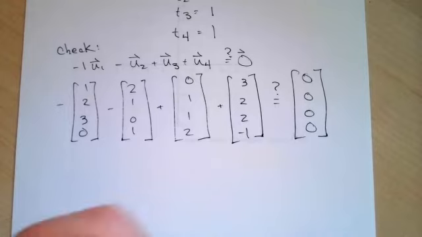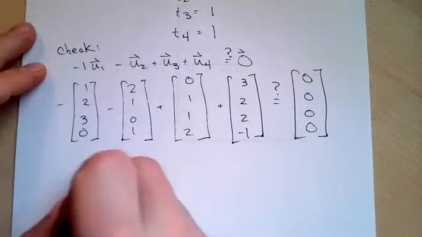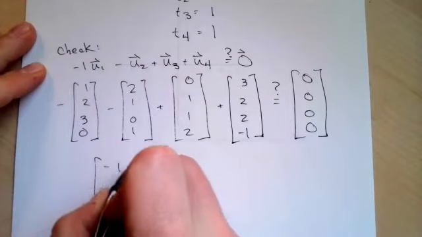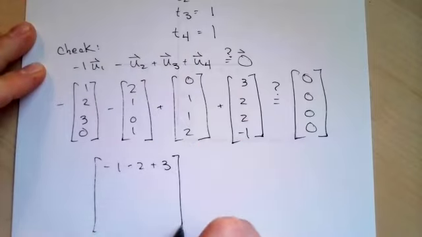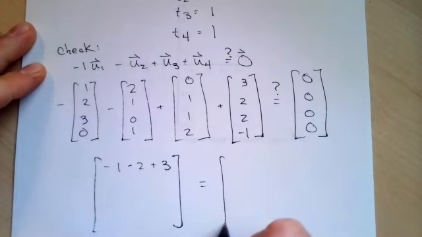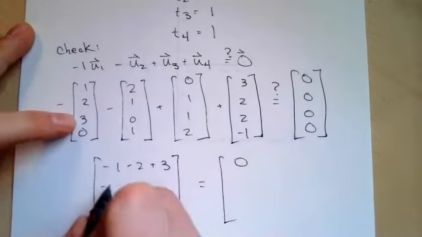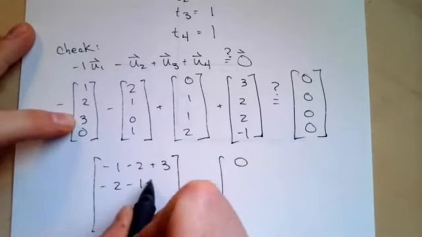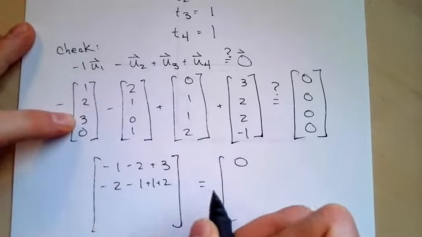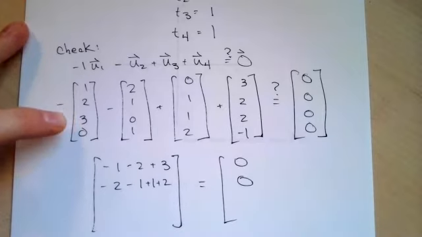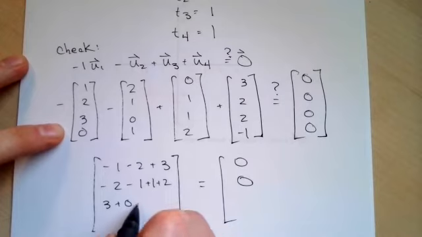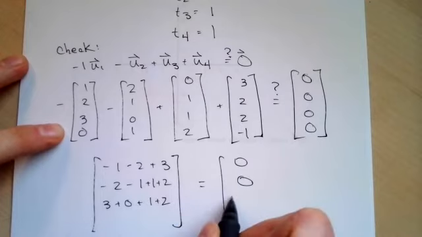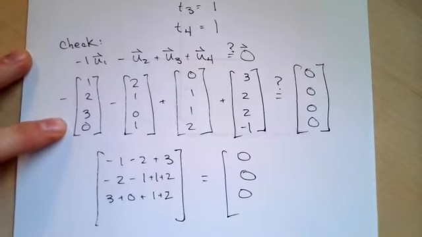And what do we get? -1, -1, -2, plus 3 in that first column, first row. Of course, that's going to give us 0. We're going to have -2, -1, plus 1, plus 2 gives us 0. Third row, 3 plus 0 plus 1 plus 2 also gives us 0.